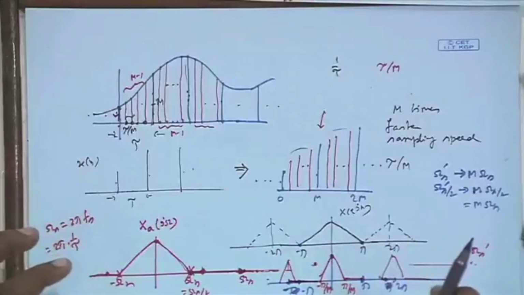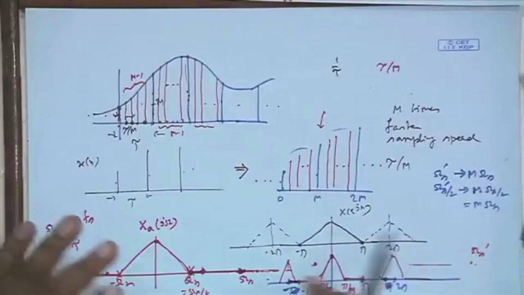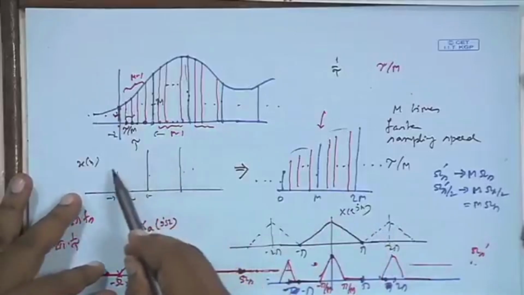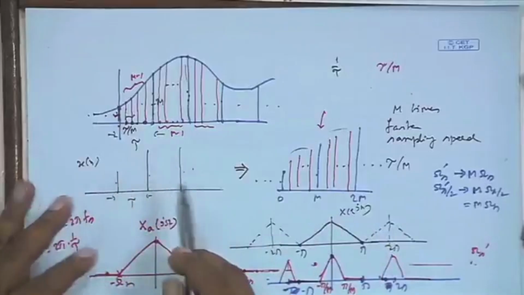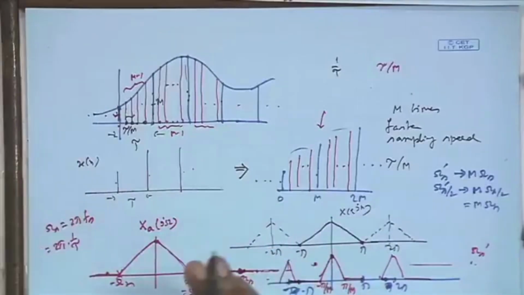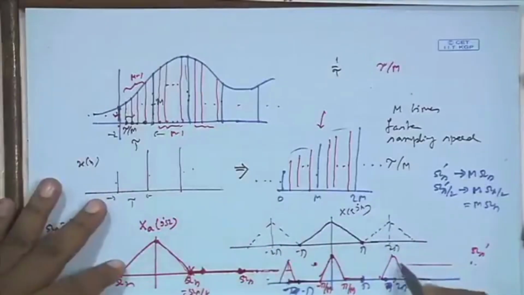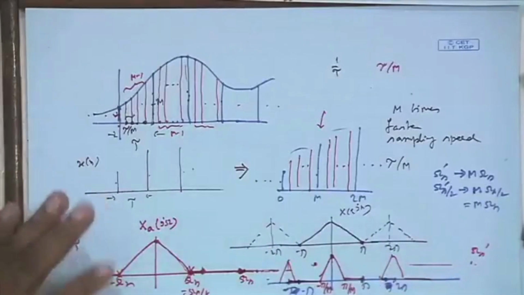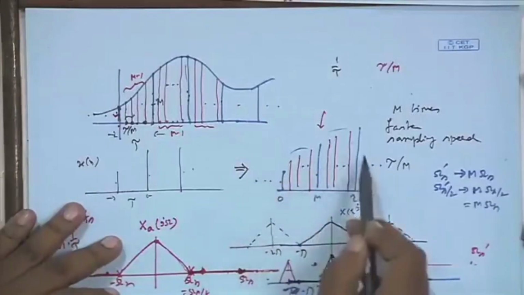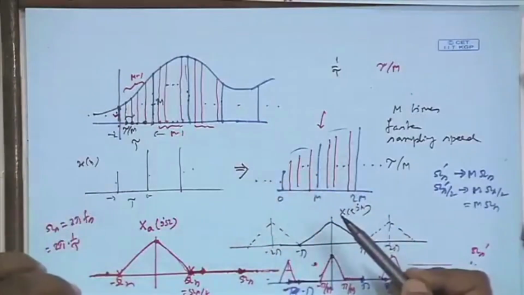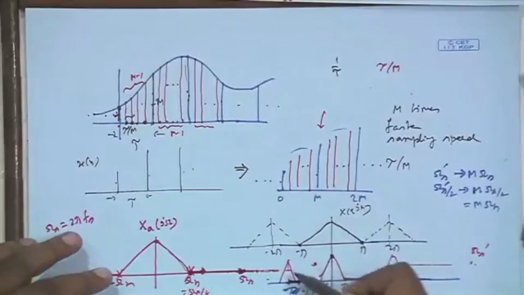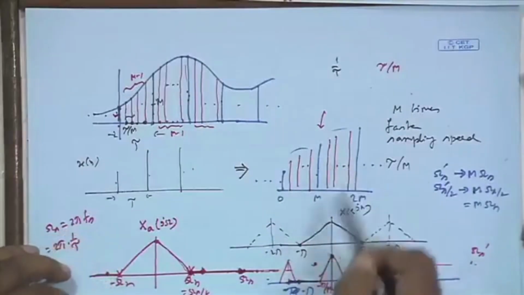Now, my claim is, if by processing this low sampling rate sequence some way or other, I give you one sequence whose DTFT is this, then that must be the desired interpolated sequence, the high rate sequence, because a DTFT corresponds to only one time domain sequence, not many.